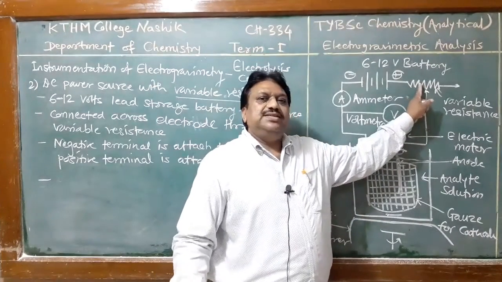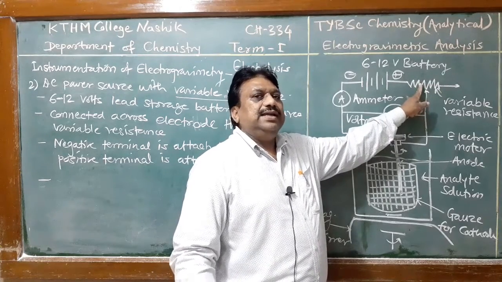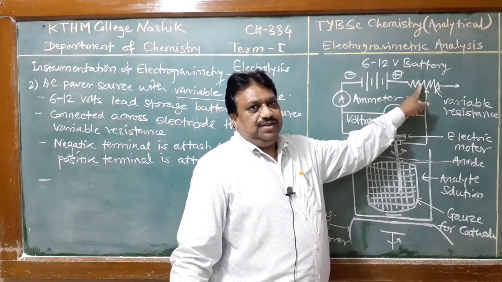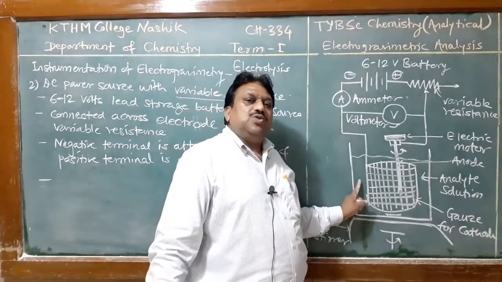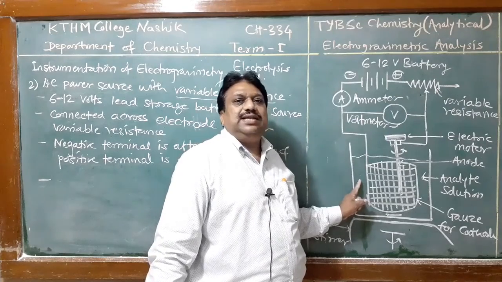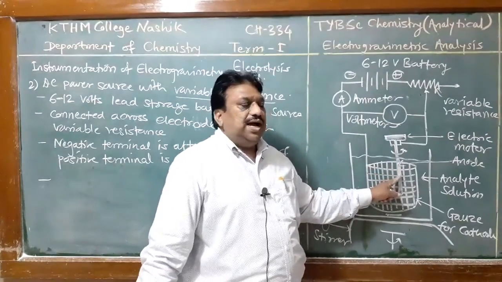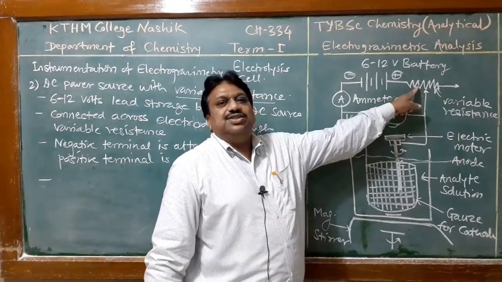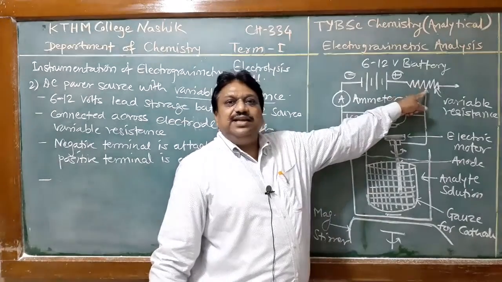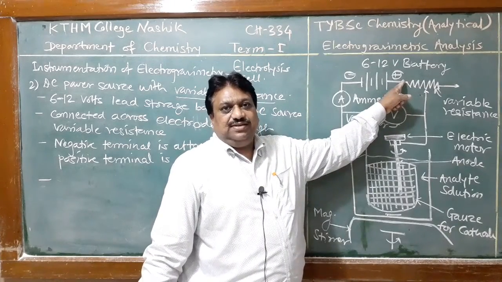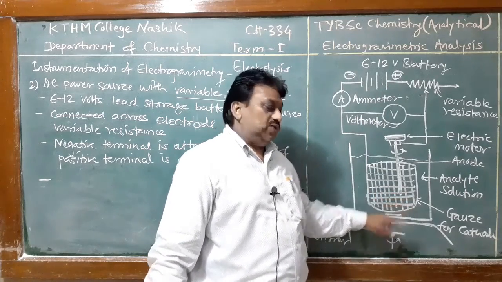Variable resistance means it is a potentiometric wire, or you may say it is a rheostat that gives variable resistance. Generally in the electrolysis process, we are linearly increasing the potential across these two electrodes, and it is done by decreasing the resistance of the circuit. Therefore, we can linearly decrease the resistance of the circuit, then we can linearly increase the potential across these two electrodes.